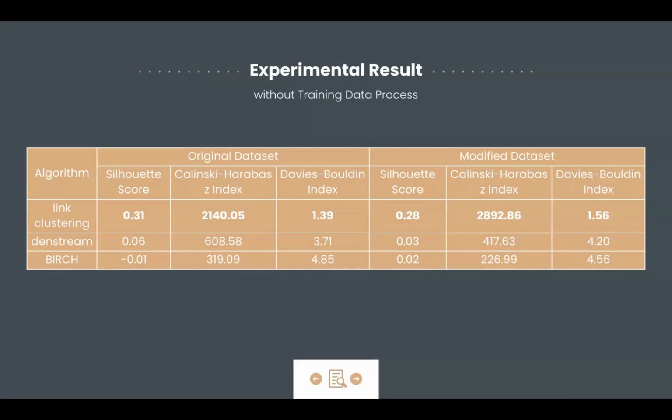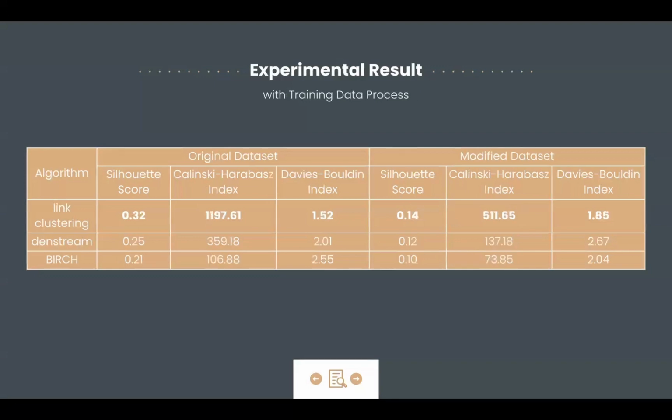These results suggest that Link clustering demonstrates superior performance compared to the DenStream and BIRCH algorithms, in both the original and modified dataset scenarios without training data processing.